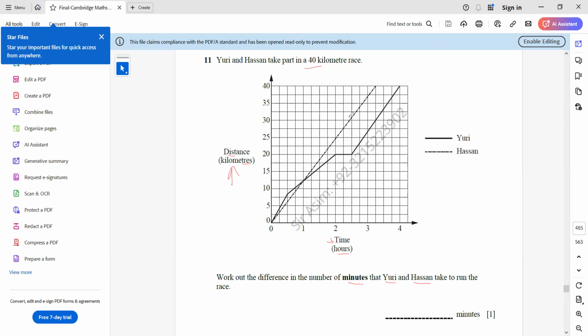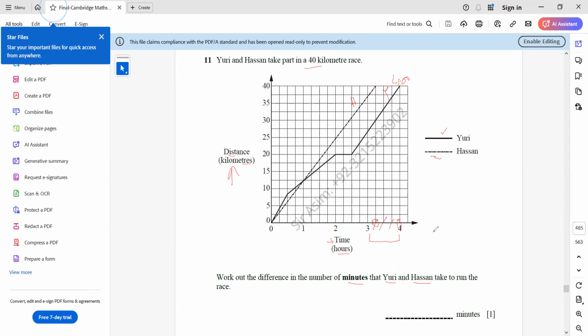You need to see this is for Hassan, the dotted line, and the solid line is for Yuri. At this time, Hassan finishes, and this is the time when Yuri finishes. So Yuri finishes at 4 o'clock. You see 1, 2, 3, and 4.